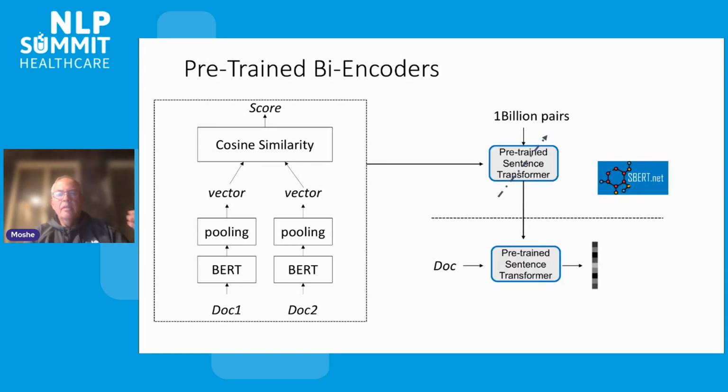On the right-hand side, we demonstrate the pre-training step. A large amount of pairs, even in the size of billions, is used to pre-train the bi-encoder network with similar and non-similar sentences. Then a new doc can be encoded by the network to output its embedding representation.